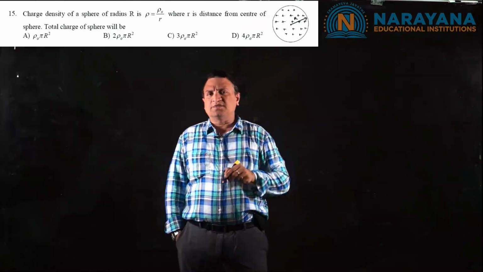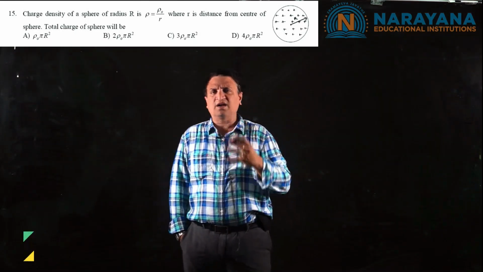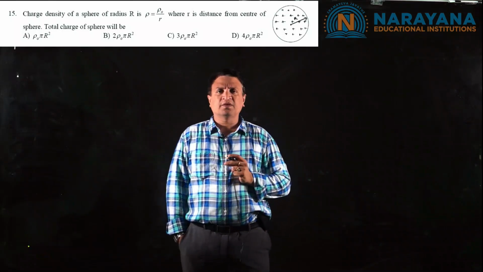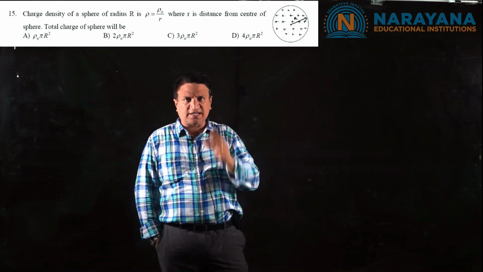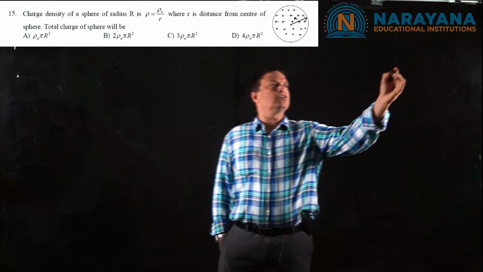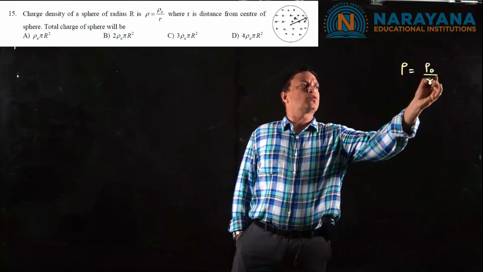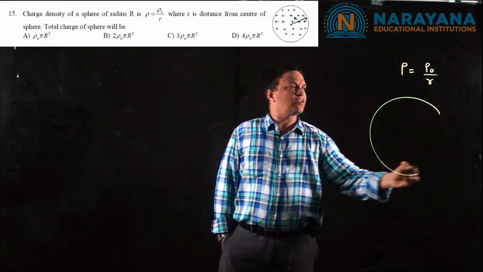Again, this is a question in electrostatics on the basis of Gauss law concept. You have a volume distribution of charge which satisfies the condition that the volume charge density can be given as rho is equal to rho naught by r, where r is the distance taken from the center.